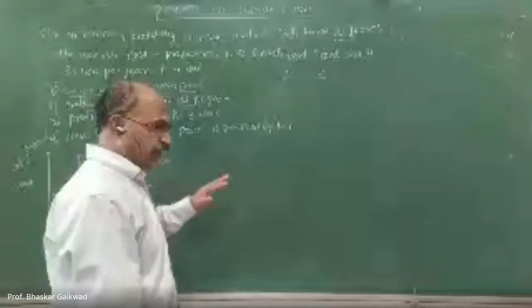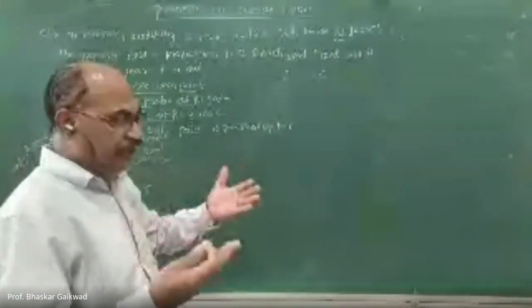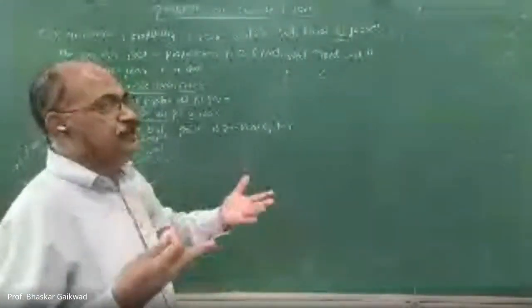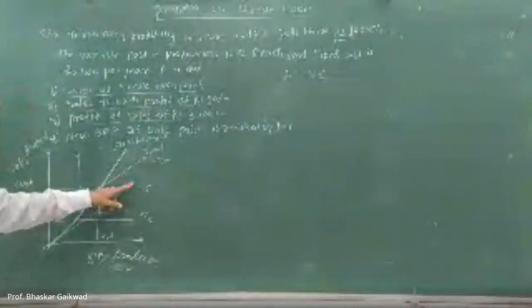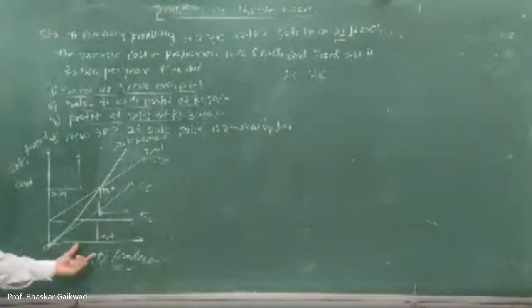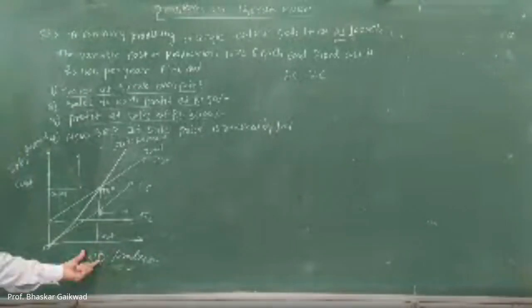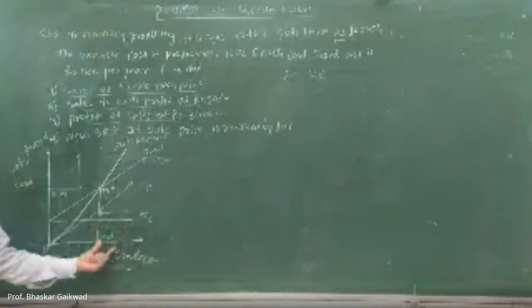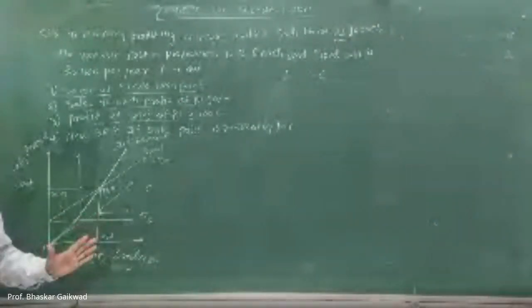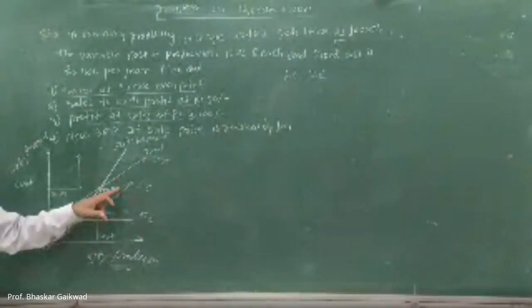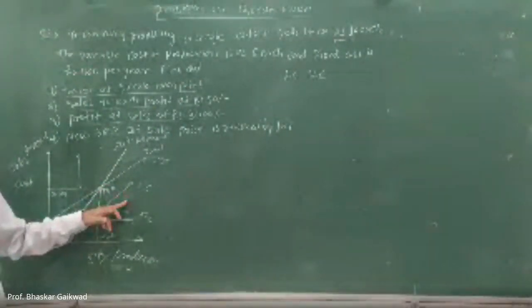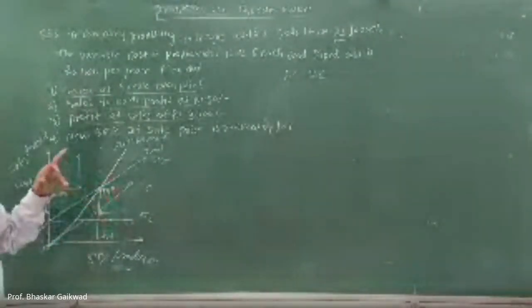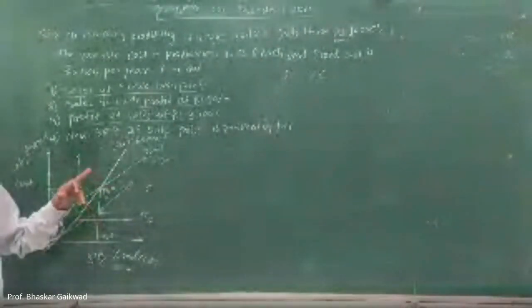Variable cost increases or decreases depending upon quantity, so the graph is like this. Quantity and variable cost have a certain relation, but fixed cost and quantity have no relation. Variable cost depends upon the quantity to be manufactured.